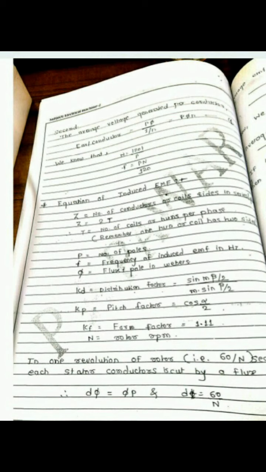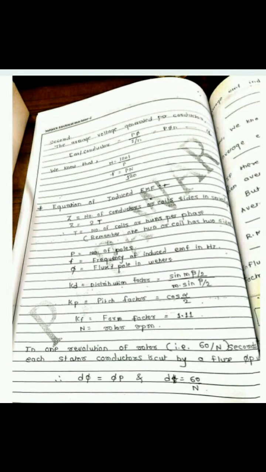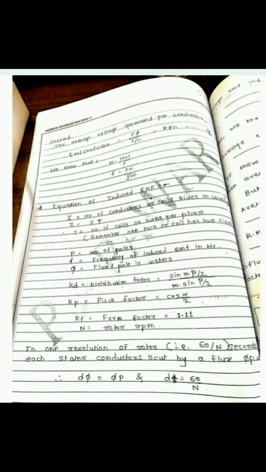And n is the rotor speed in RPM, not in RPS. If one revolution of the rotor takes 60 by n seconds, then each stator conductor cuts a flux of phi p.